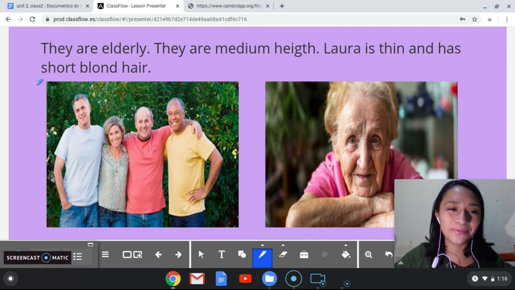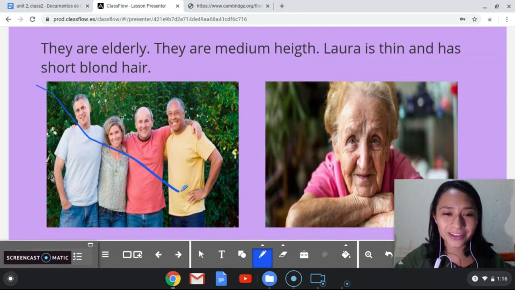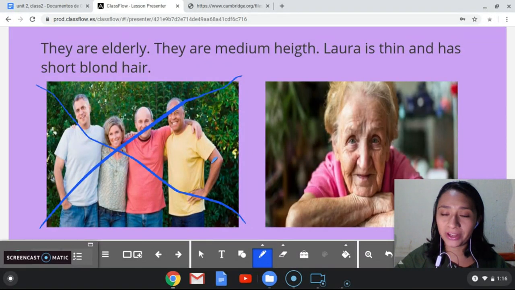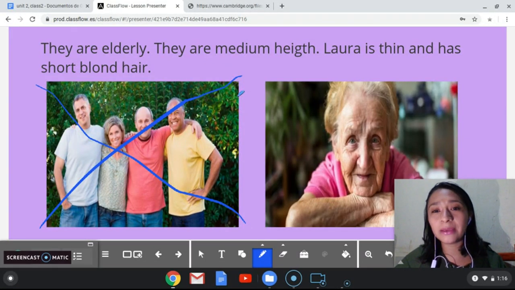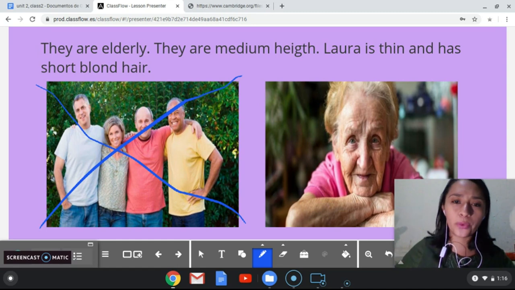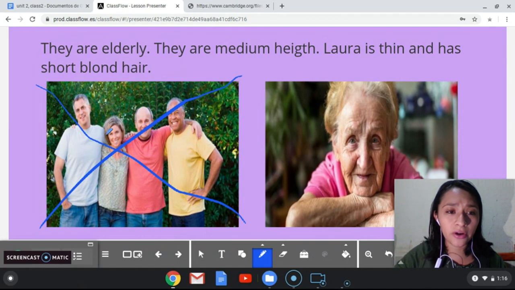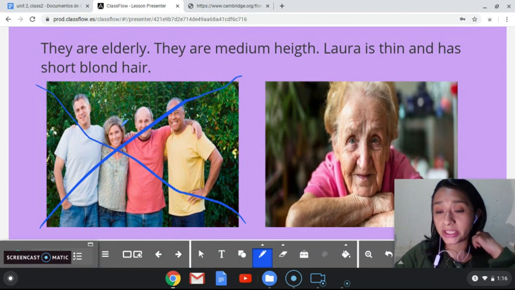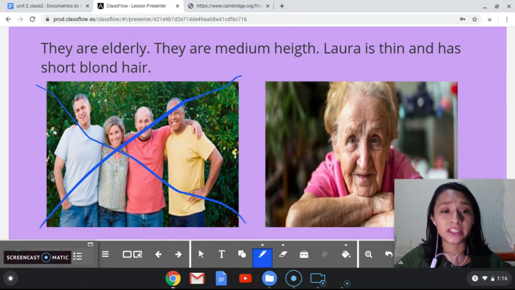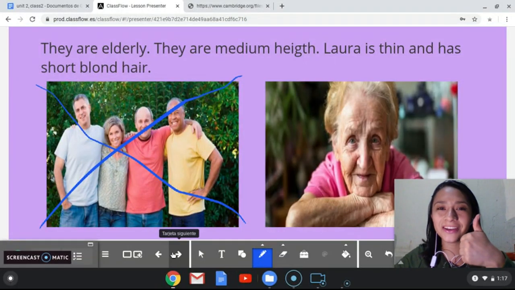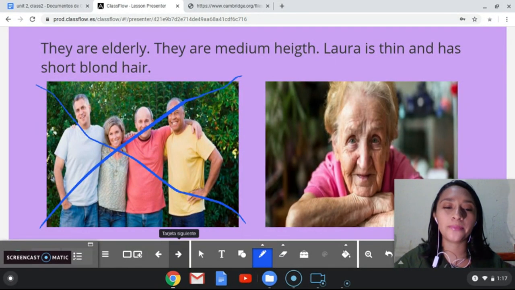Of course, it's picture number 1, right? We are talking in plural, and the sentence describes them perfectly, right? They are elderly, medium height, they are not overweight. Laura is thin, she's Laura, and she has short hair and it's blonde. So if you did it like that, very good, guys, you're on a good way.